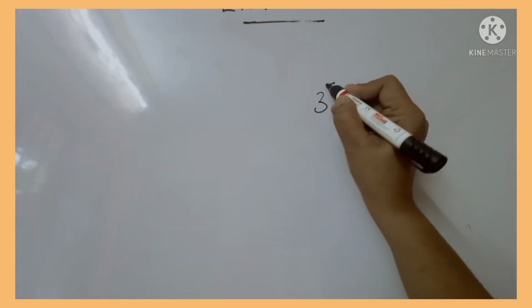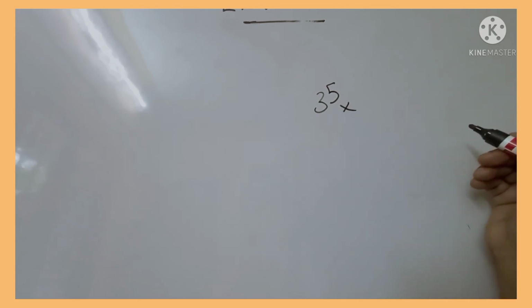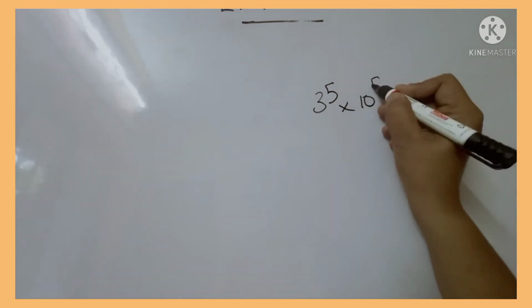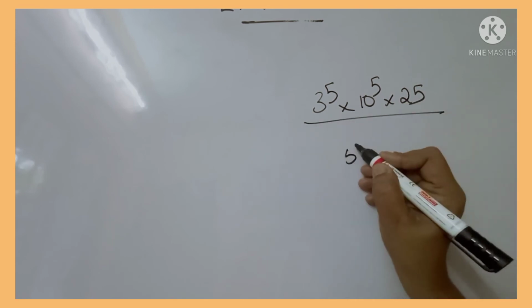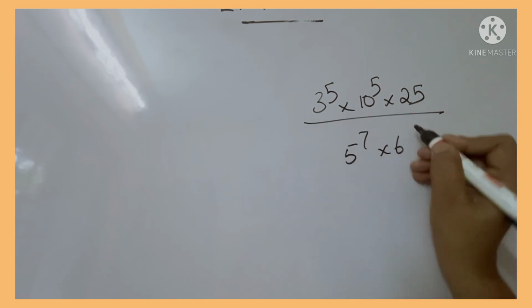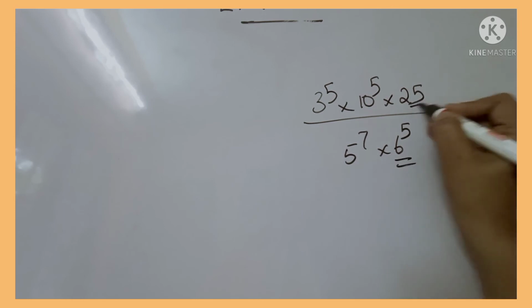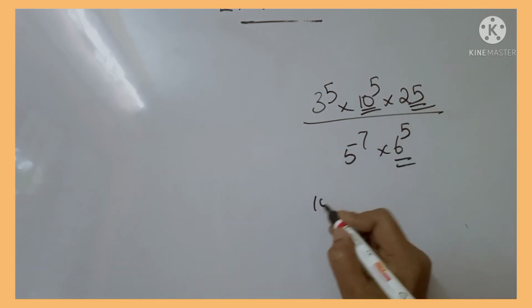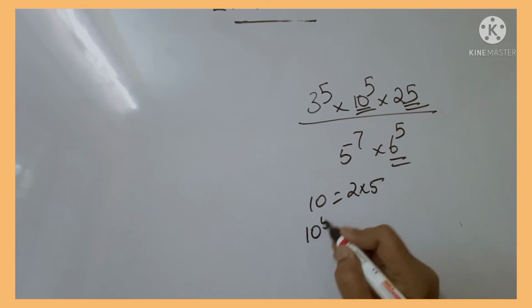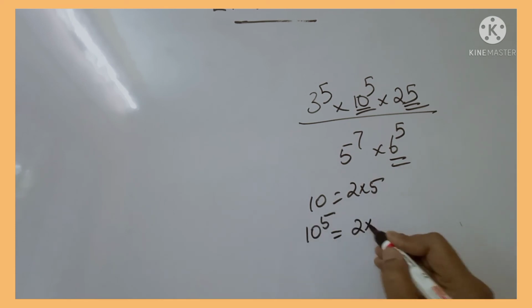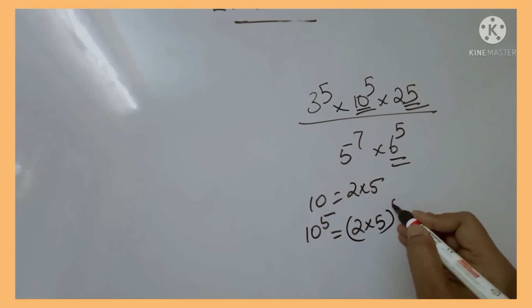The last question from this exercise 13.2: 3 raised to 5 into 10 raised to 5 into 25 divided by 5 raised to 7 into 6 raised to 5. Here we can write 10 as 2 into 5. So 10 raised to 5 is equal to (2 into 5) whole raised to 5.